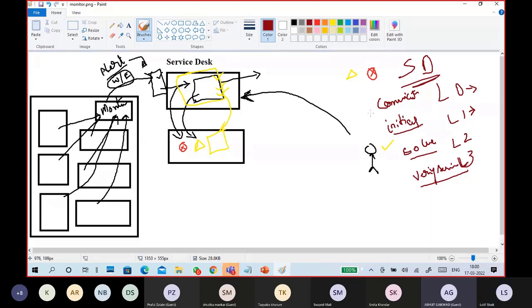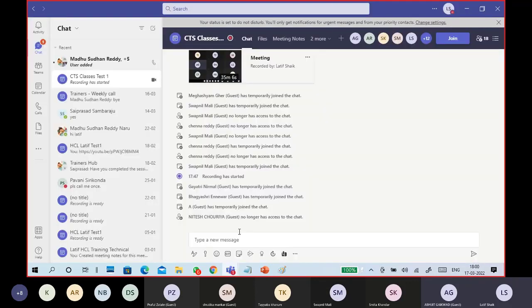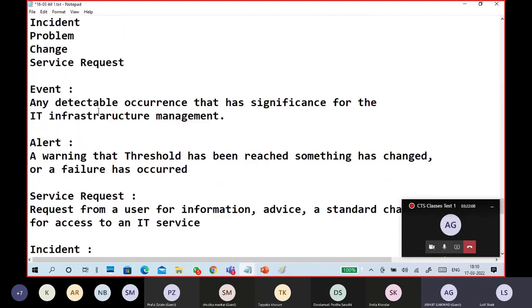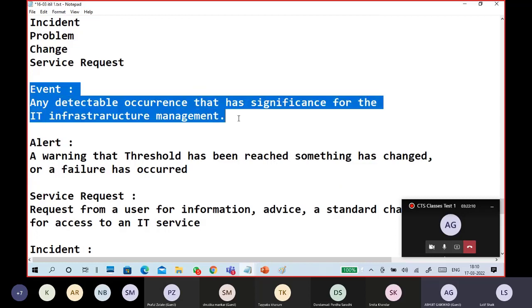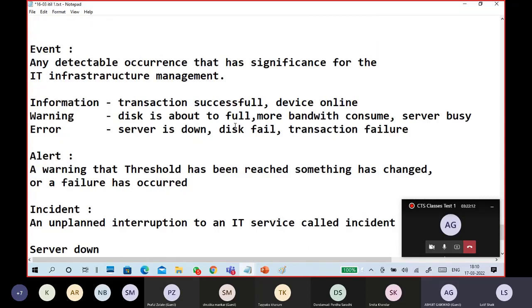That's why I try to explain. So an event is any detectable occurrence. Meaning anything that happens, like a disk is full, transaction failure, transaction successful, backup completed.